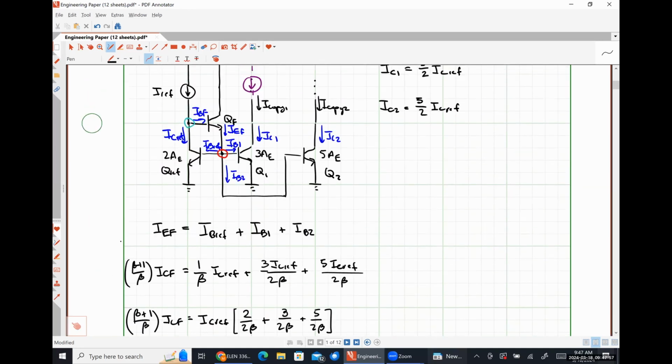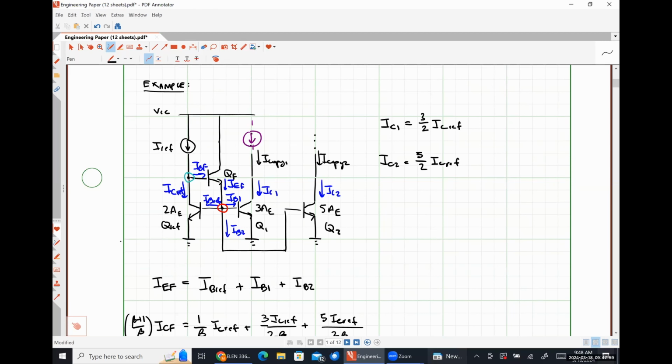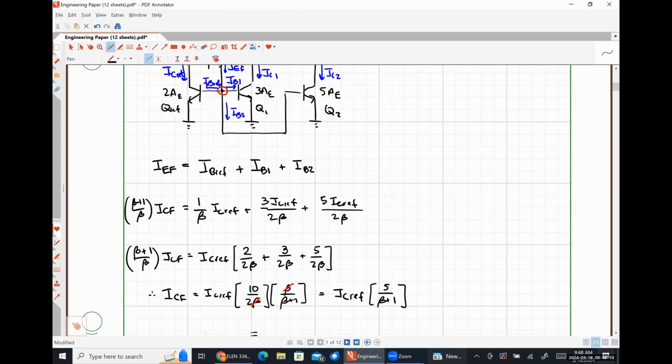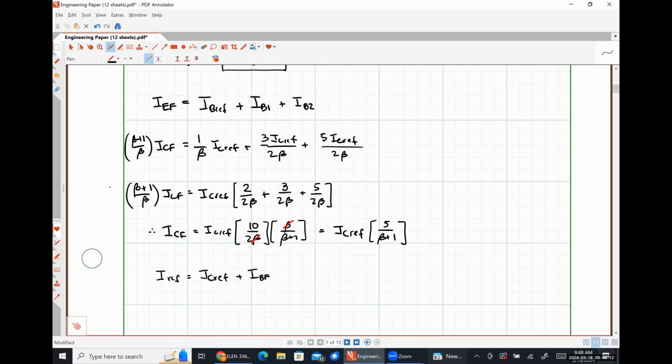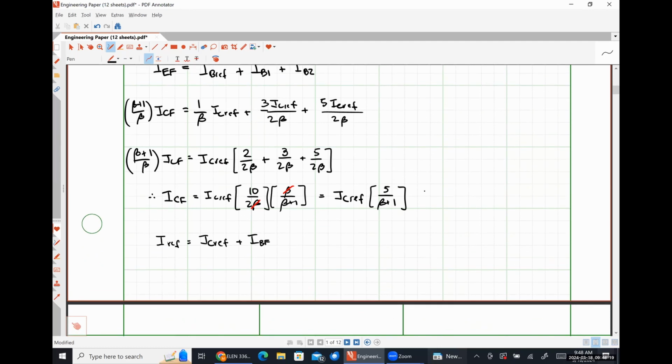So this current flowing in is equal to this current plus this current flowing in. Nothing remotely fancy going on there. We know that IBF is related to ICF, so we can simply make that substitution.